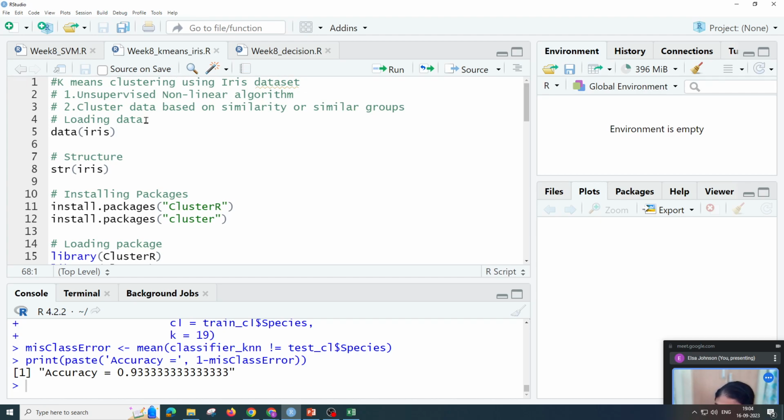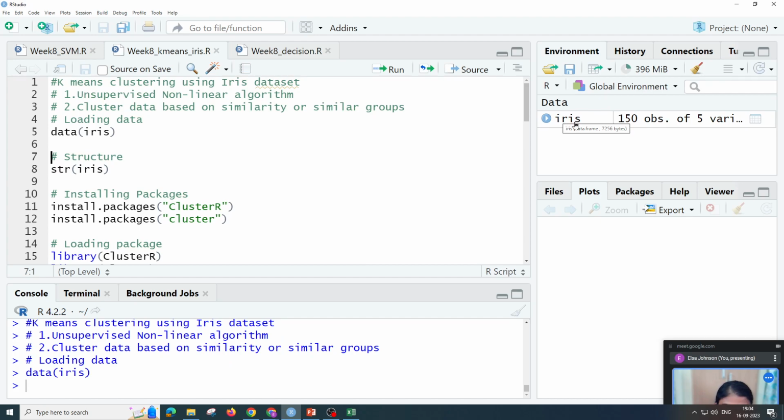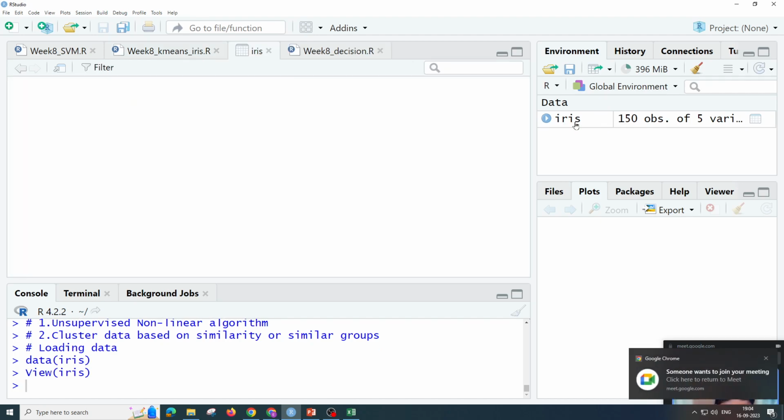So usually you would just use a classification algorithm only, but since we have learned k-means clustering also, we will see how to implement that here. K-means clustering is unsupervised, so you don't need the labels which are given in the IRIS data set. So we'll see how to do that. So the data is loaded in as IRIS.